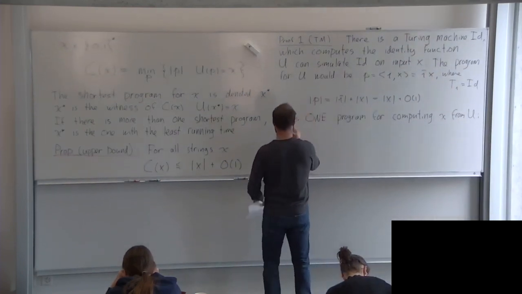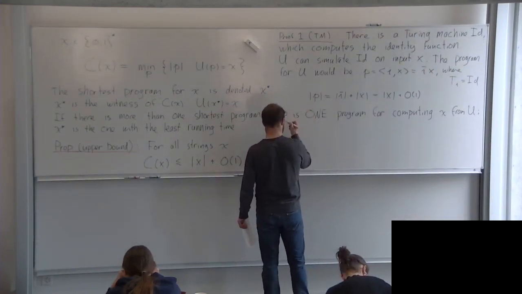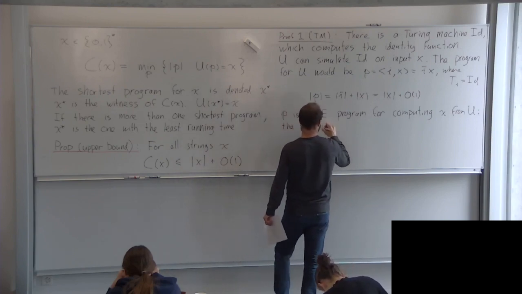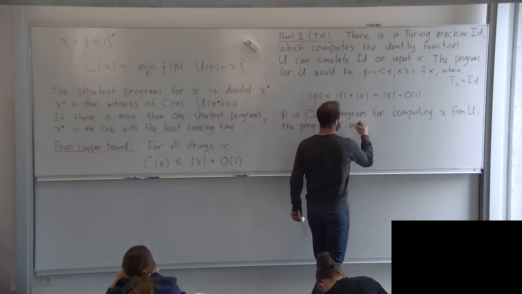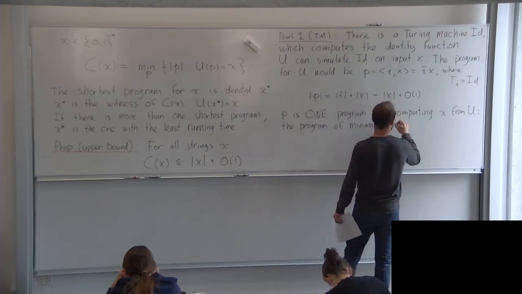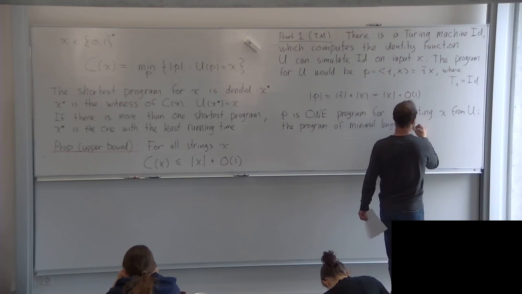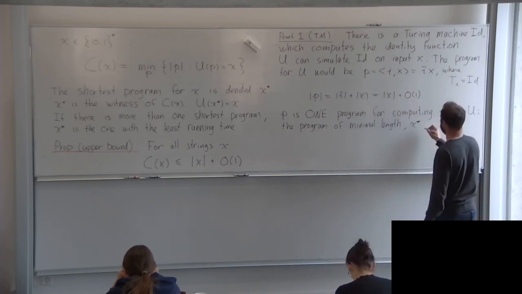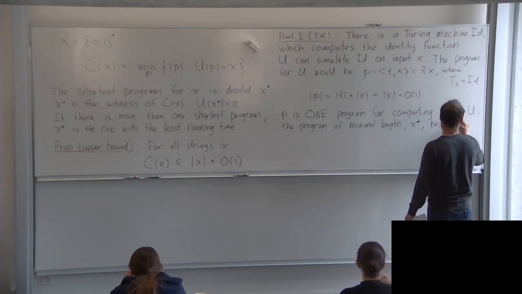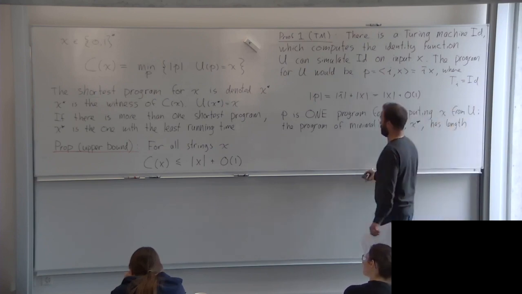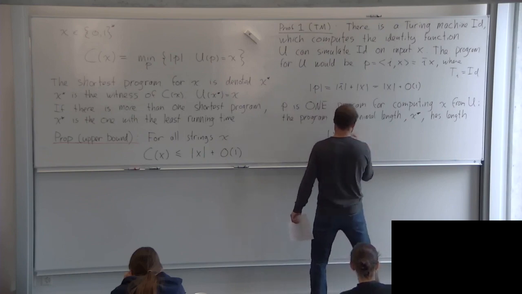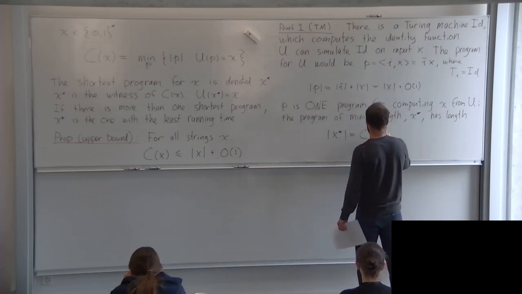Which means that the minimal program, or the program of minimal length, x star, that was its name, has length: the length of x star is, by definition, C of x.